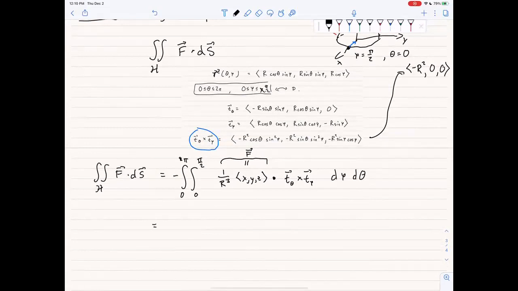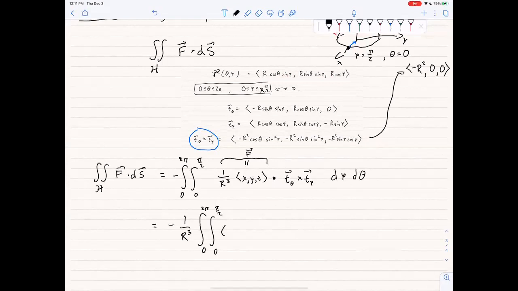Okay. So I can pull out the negative 1 over r cubed. R is a constant. It's the radius of our hemisphere. And here I need to use my parametrization. x is equal to this, y is equal to this, and z is equal to this, just the spherical coordinates.